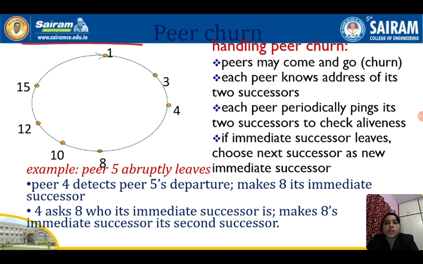This is how pair churn works. The ping messages give information about who is coming in and going out, so that every pair knows the addresses of its immediate two successors. That's it. Hope you have understood better.